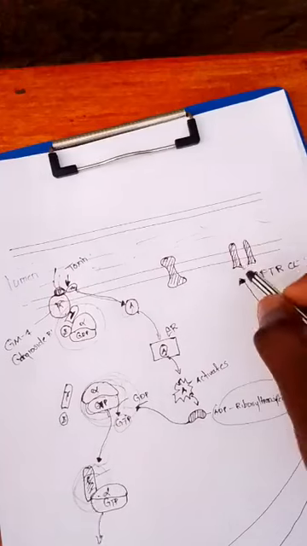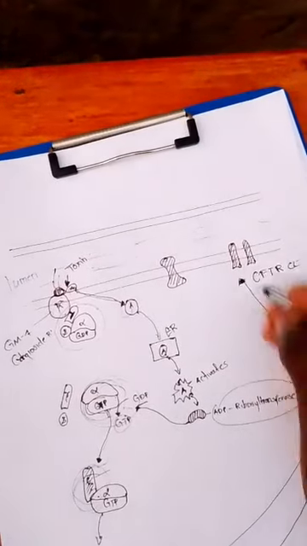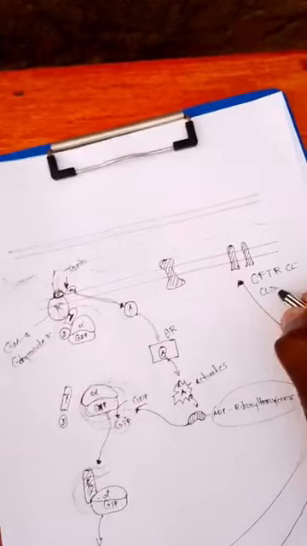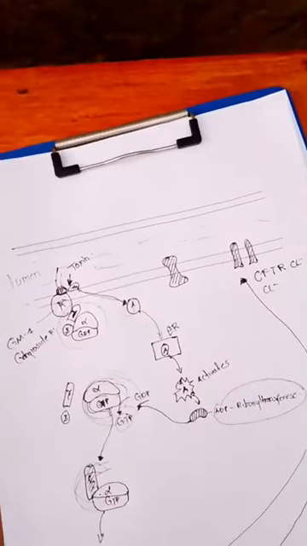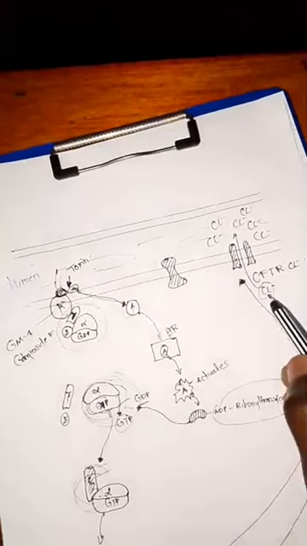So this channel basically facilitates the movement of chloride ions. When this channel opens, it is going to start allowing the flow of chloride ions into the lumen of the intestine.